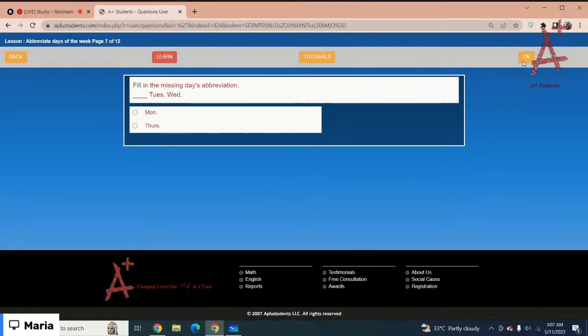Fill in the missing day's abbreviation. Blank, Tuesday and Wednesday. Which is the day before Tuesday? Before Tuesday it would be Monday.